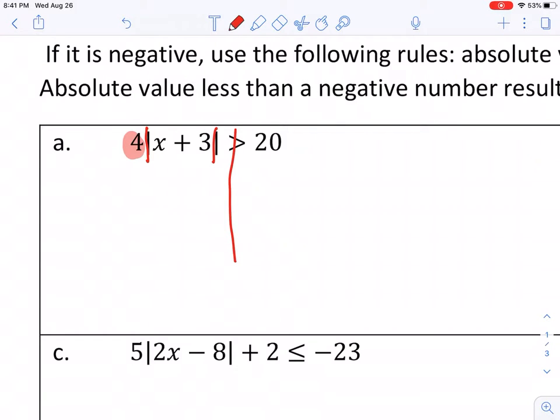If I have a 4 sitting right next to our bars, it means it's multiplying in with our absolute value, but we need to get rid of it, so we are going to divide it. We are not going to distribute it. We are going to divide it to both sides.